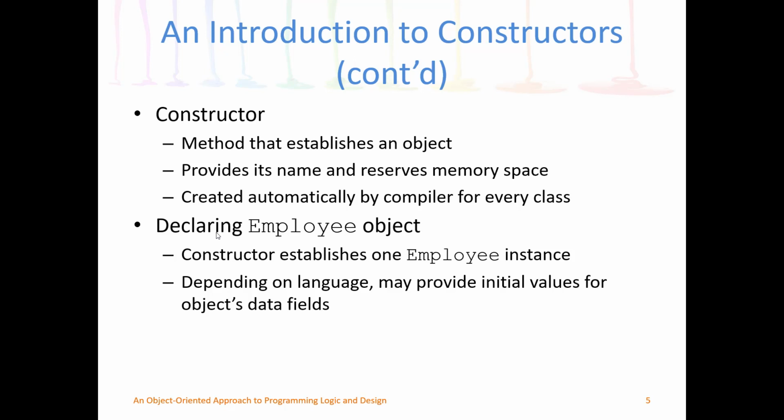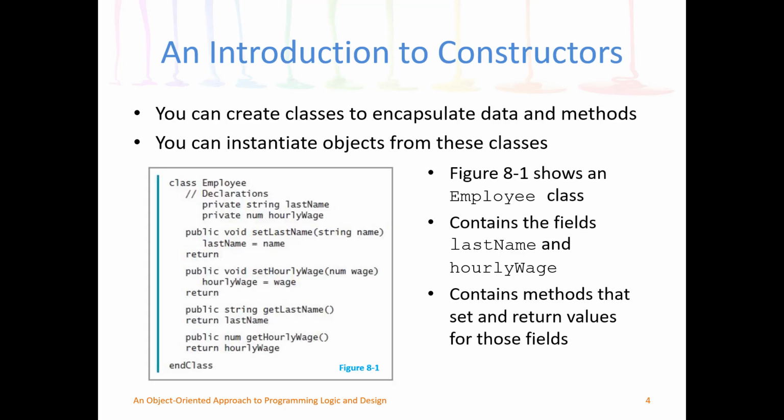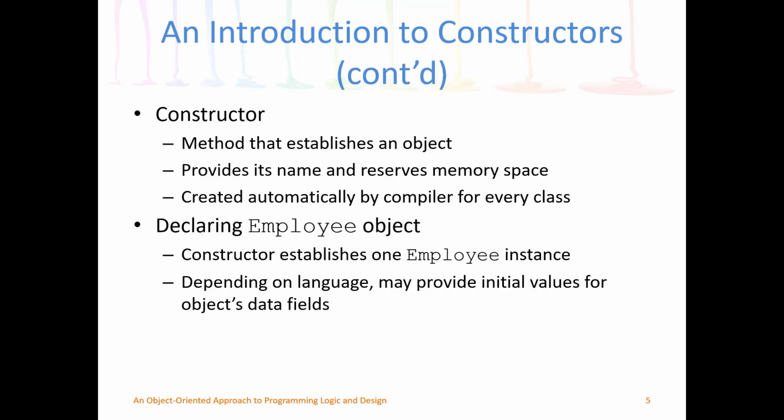When it creates the object, a constructor reserves space in my computer's memory to store the last name and the hourly wage of the employee. And if you remember the variable, it knows where it stored it. So when I give this object a name, it's going to say, okay, that's stored over here. We'll see that in an example in a little bit.